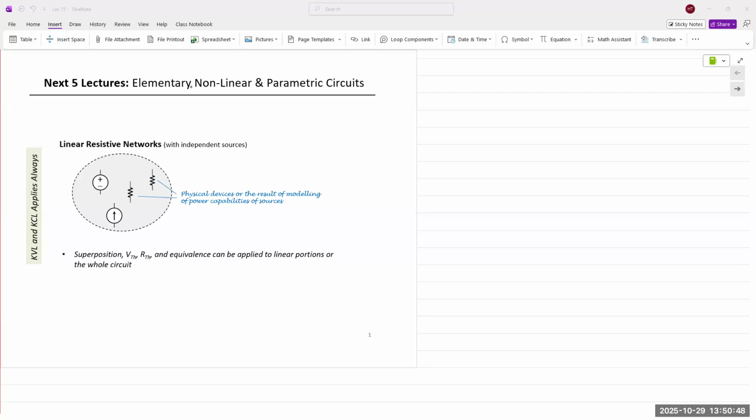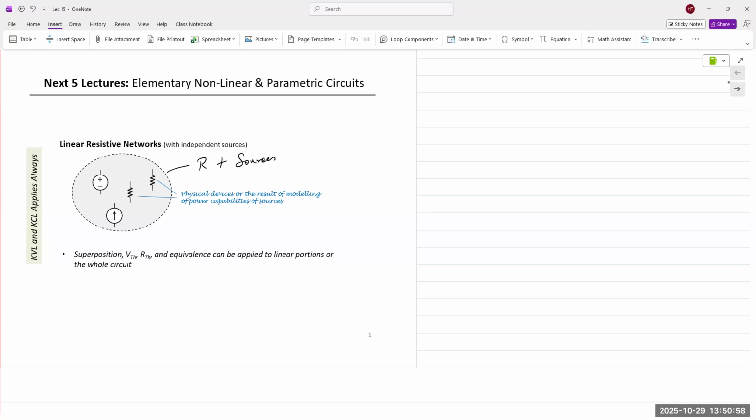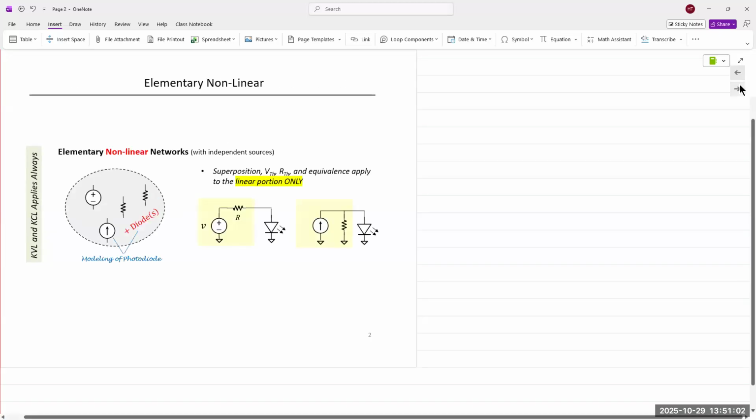Now, non-linear devices. So this is, of course, linear resistive networks. You have resistors plus your sources. That's what we looked at. And then we have non-linear devices. The most fundamental of those are diodes.